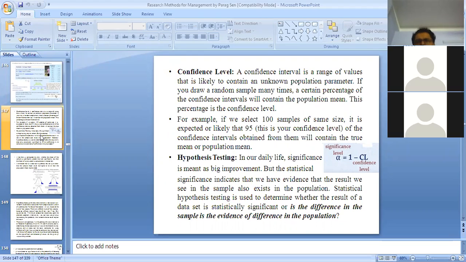An example of a null hypothesis: a null hypothesis simply means that there is no difference, or the difference that you are observing is by chance.